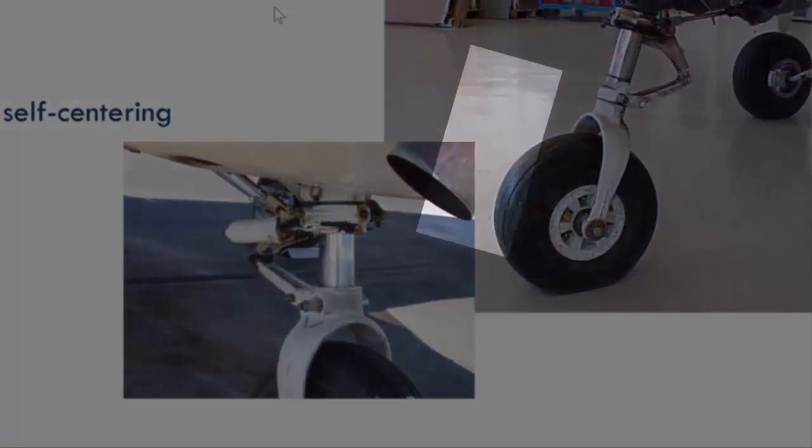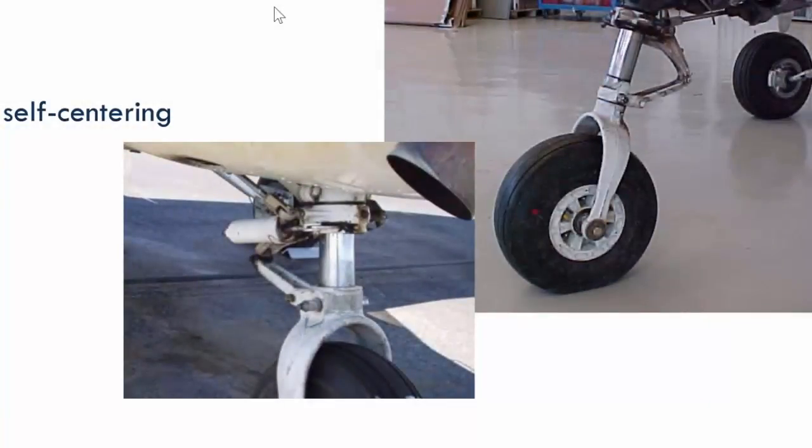Here we can see the air-oil pneumatic strut. This strut is constructed of a cylinder and piston, which can move up and down. The air in this cylinder creates a cushion, and absorbs kinetic energy when the piston moves up and down. Here there is another element of the construction of this strut. It's called the torque link.